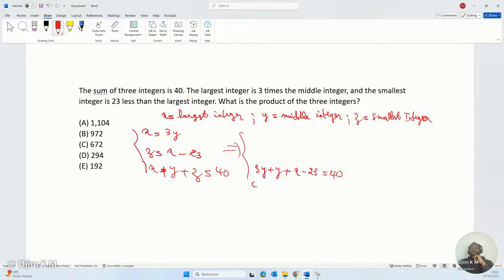This will give us 4y plus 3y is equal to 40 plus 23, which will equal 63.